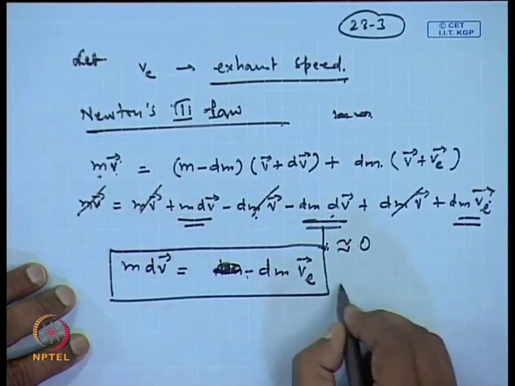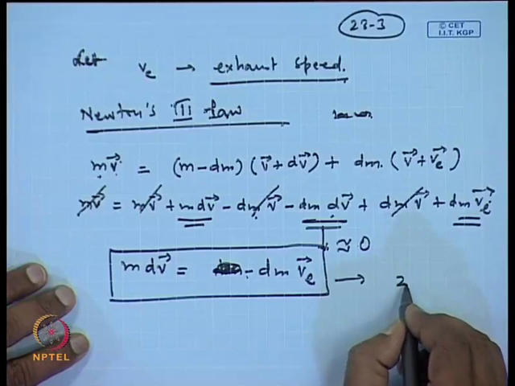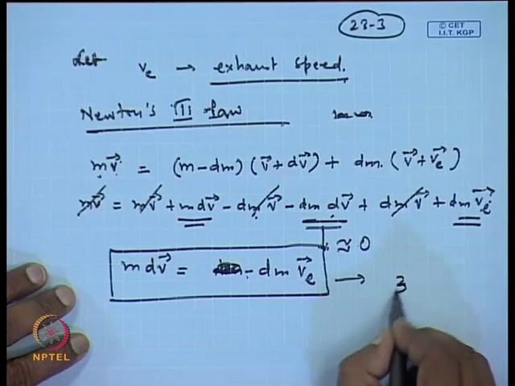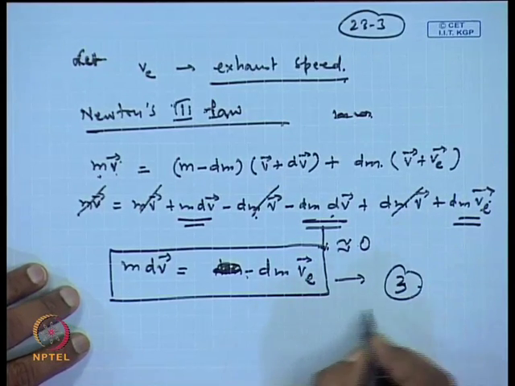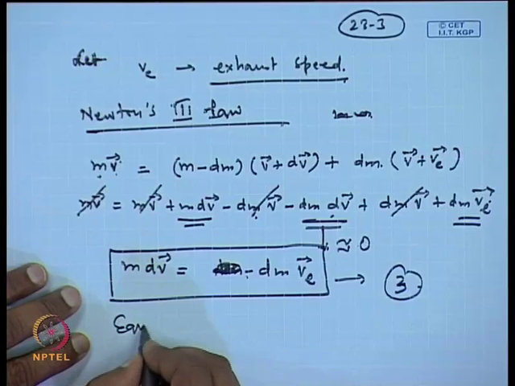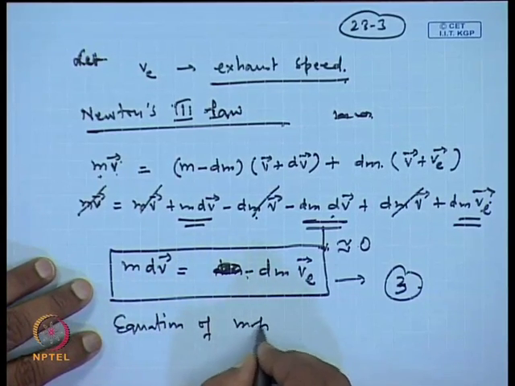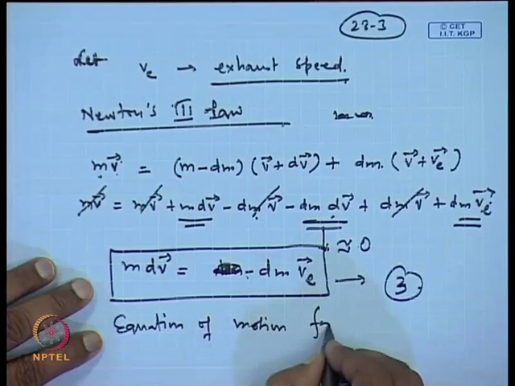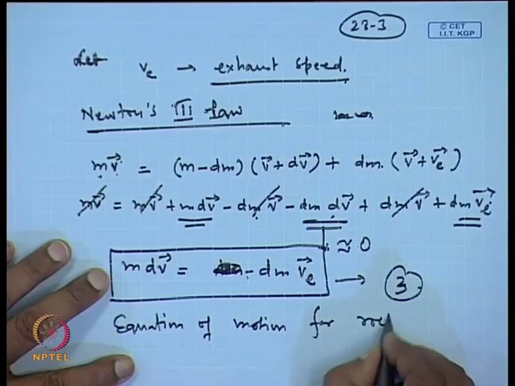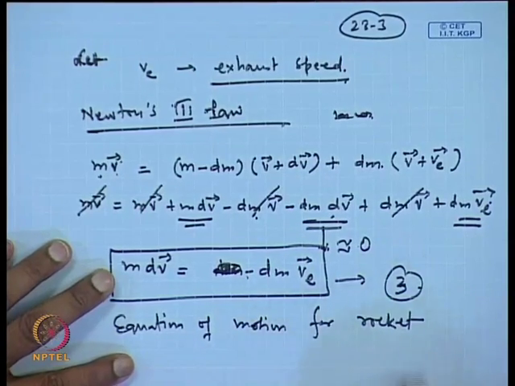So, this is equation number 3. This is the equation of motion for a rocket, which is a mass bearing system.